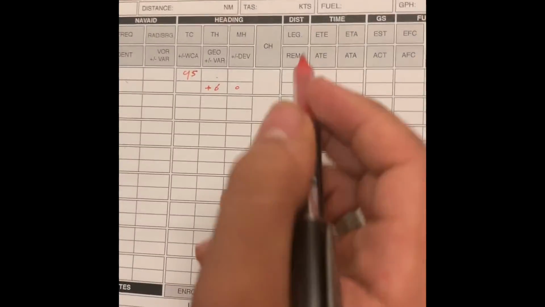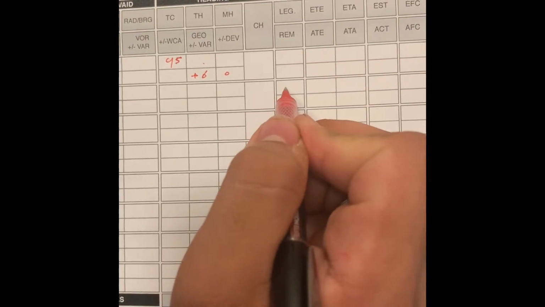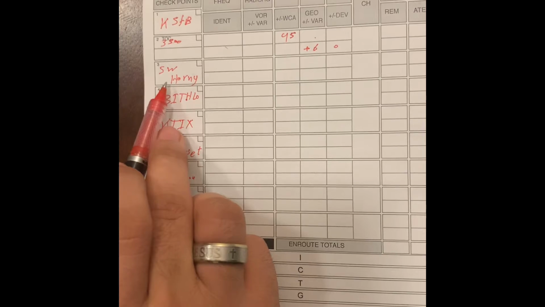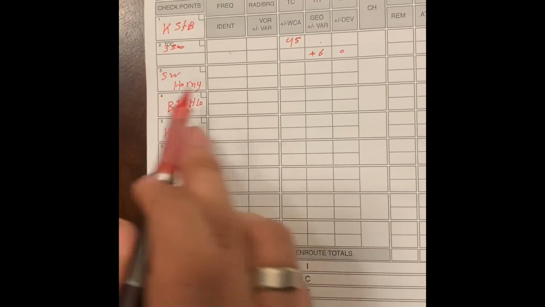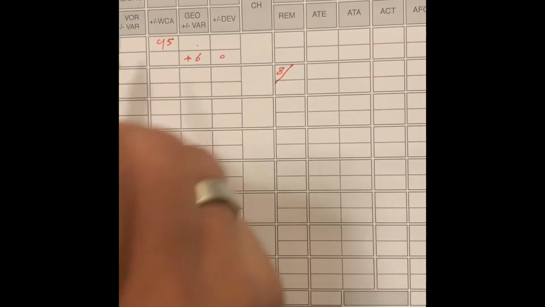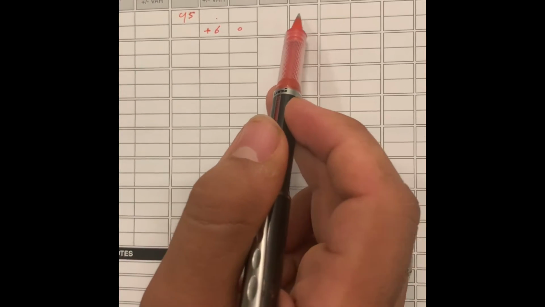Actually, it's here, which is the distance from Sanford Airport to Southwest Lake Harney. So we're gonna put 8 and slash that box, because we're gonna be moving while we're doing the climb.